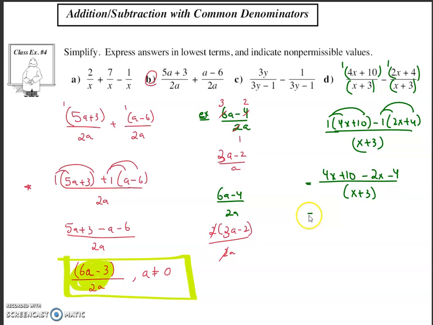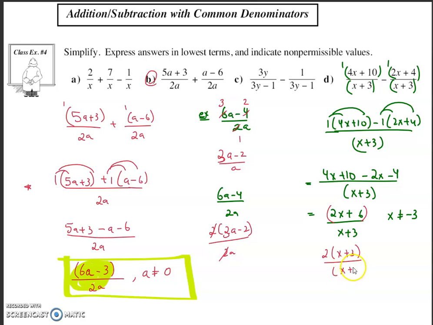And then when we combine it, it ends up becoming 2x plus 6 over x plus 3. And then x cannot equal negative 3. Now, before I reduce it, here you can see that I can take a 2 out from the top.